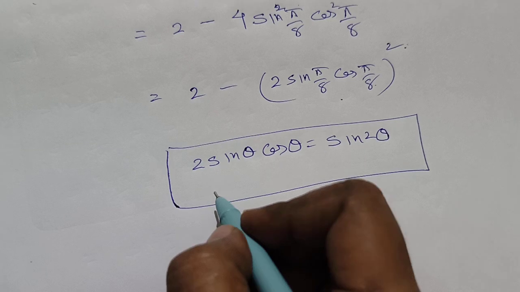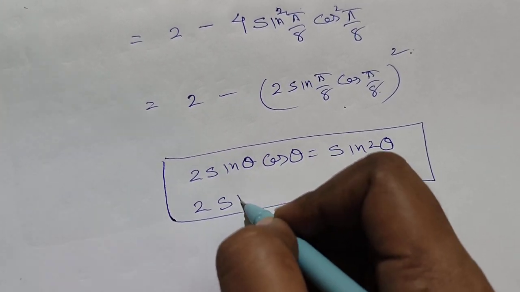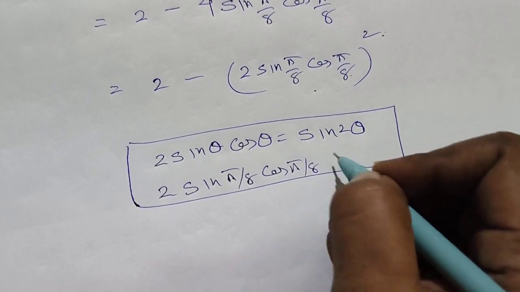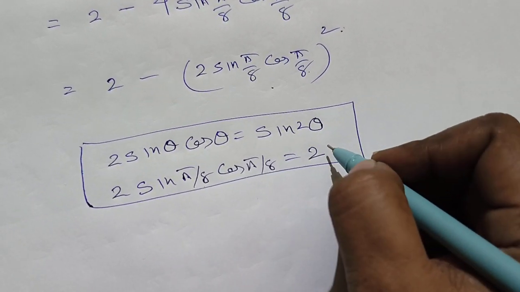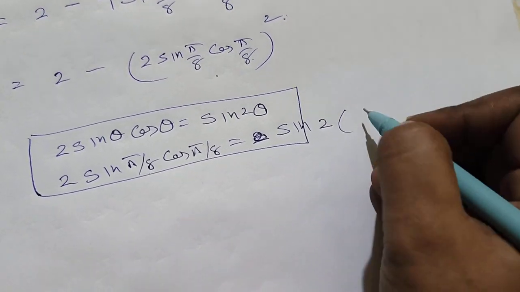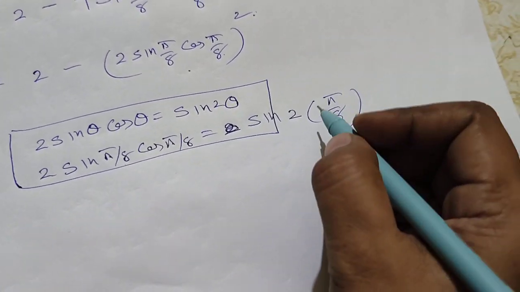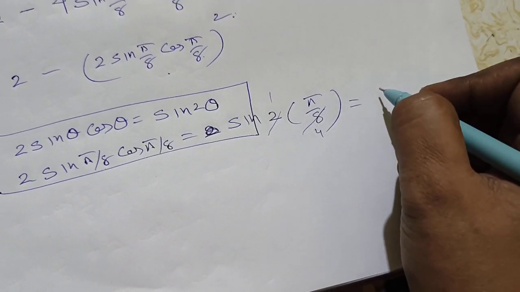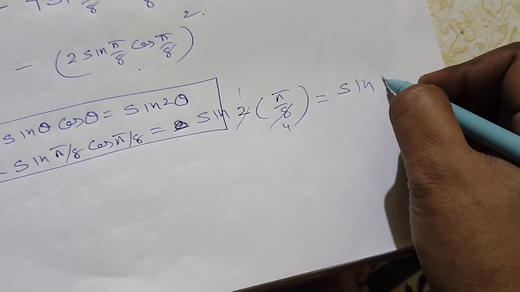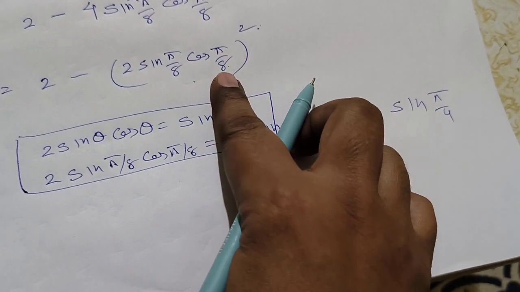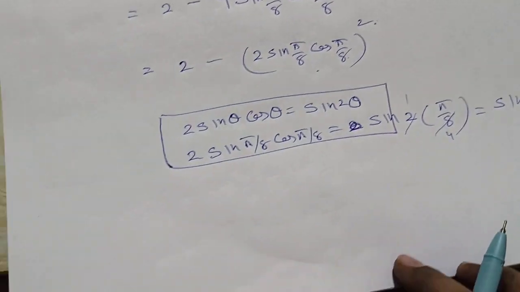This can be written as 2 sine pi by 8 cos pi by 8 is equal to sine of 2 times pi by 8. So we can cancel this term. 2 1s are 2, 2 4s are 8. So it becomes sine pi by 4. Got it? So this term is sine pi by 4.